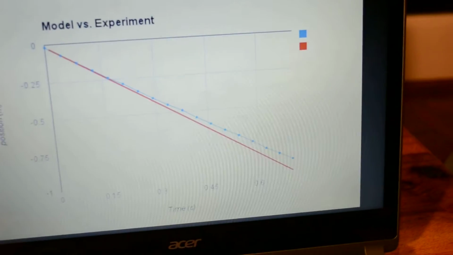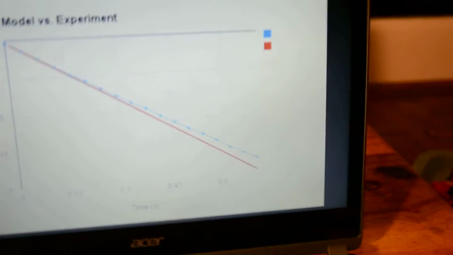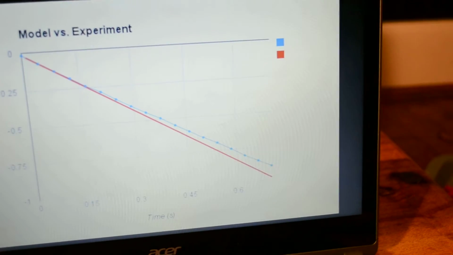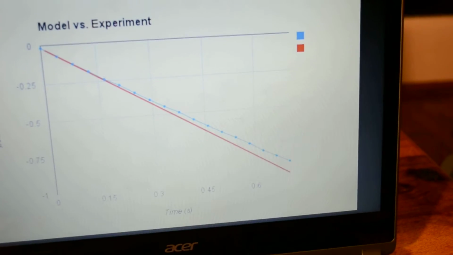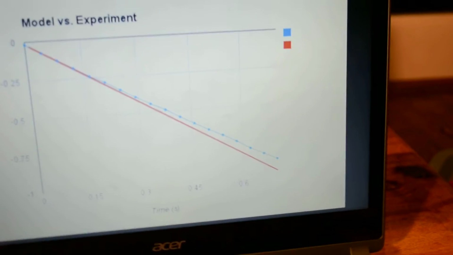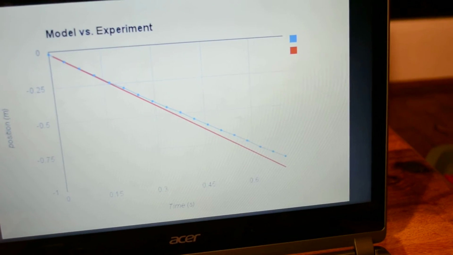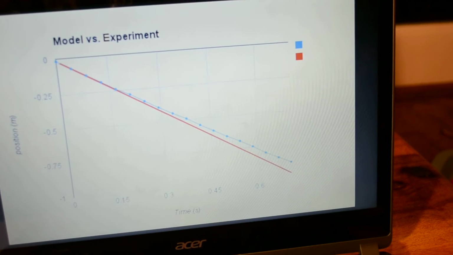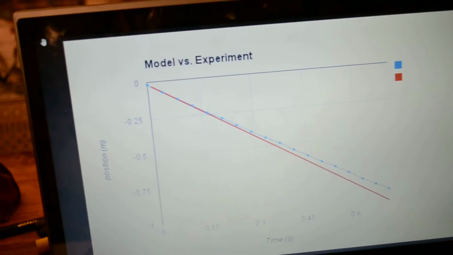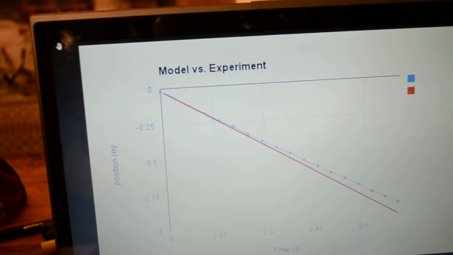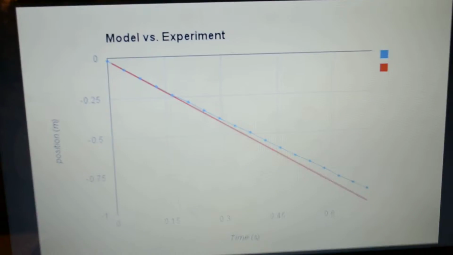At the very end, there's deviation between the blue and the red lines. The experimental line slope becomes slightly less steep. This is because the ball slows down, probably because of friction on my table. But for the most part, at the beginning of the experiment, the lines match up very closely.